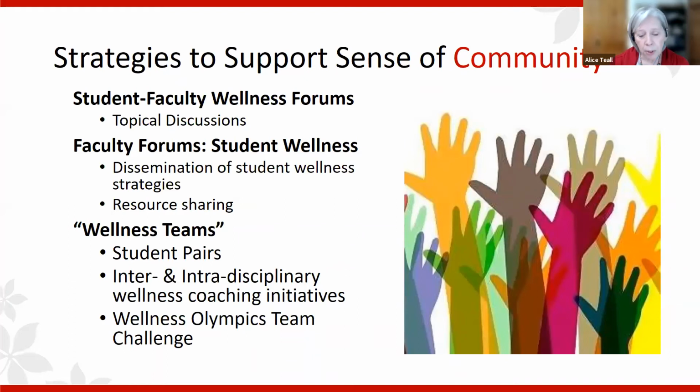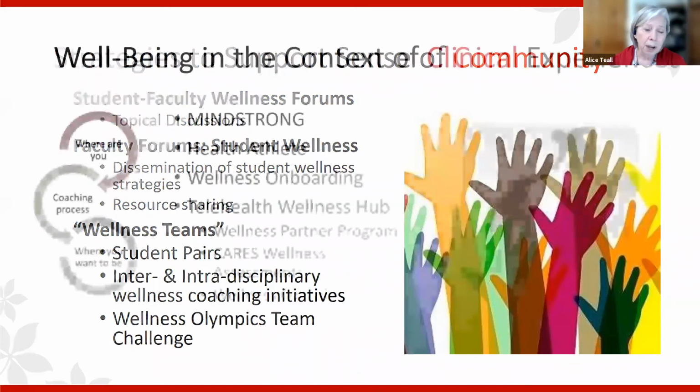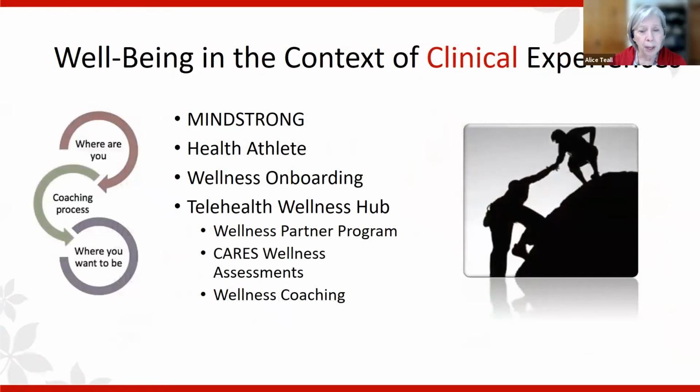And I've done wellness partnerships in student pairs where they've chosen the partner. Most often I've done it where the partner has been assigned. That's probably by nature of the courses I've taught, because a lot of the students in those courses didn't know each other. And I've gotten really good feedback from that.